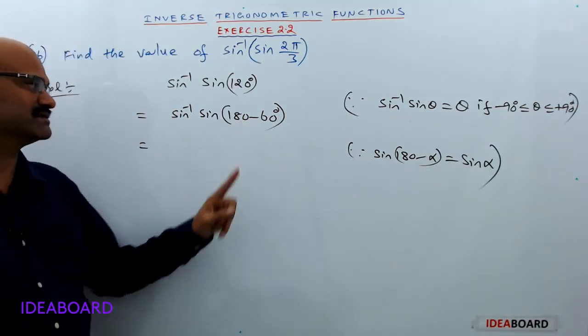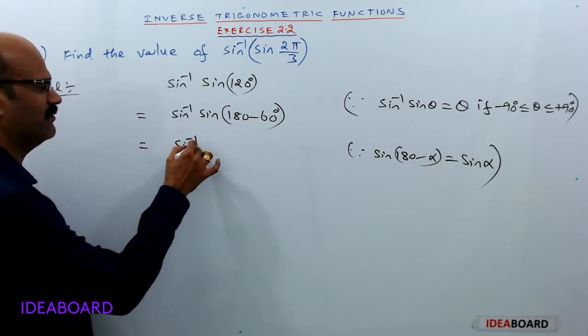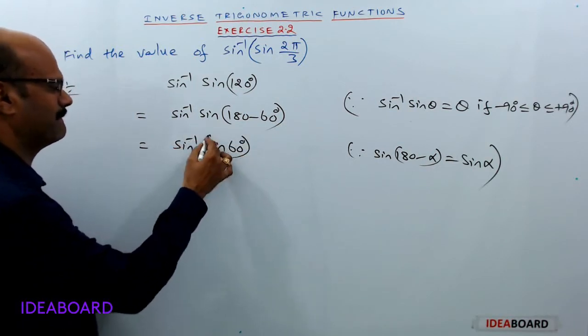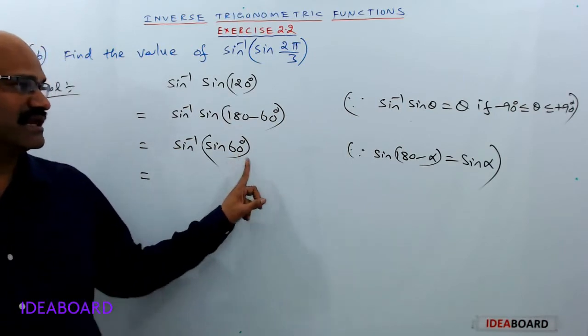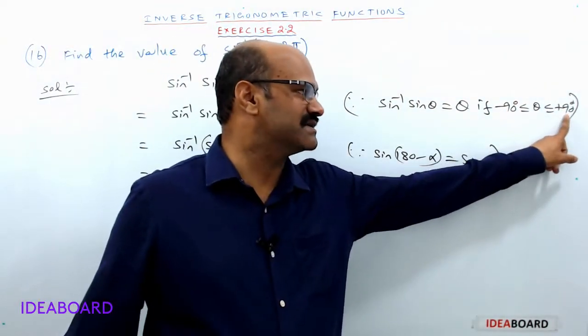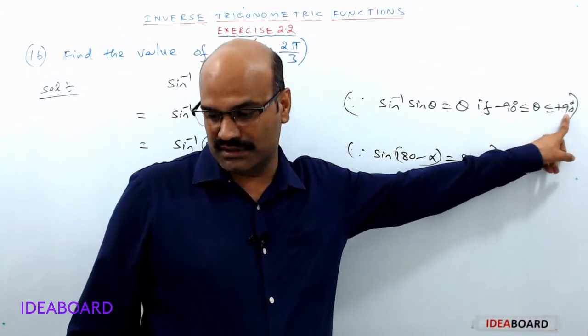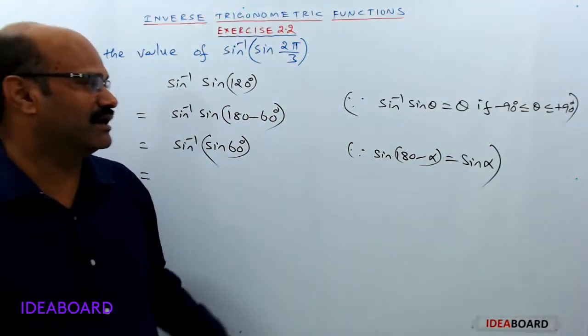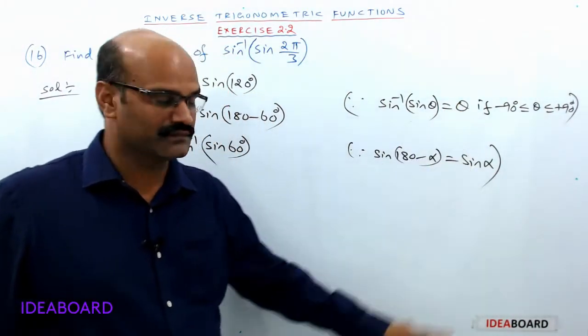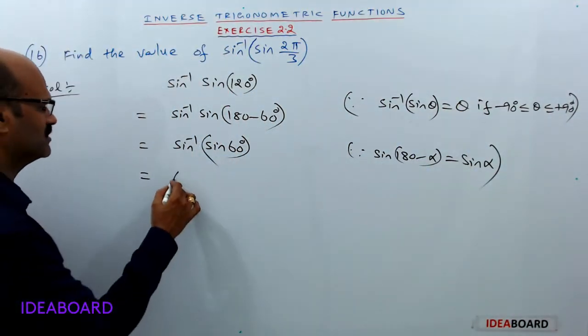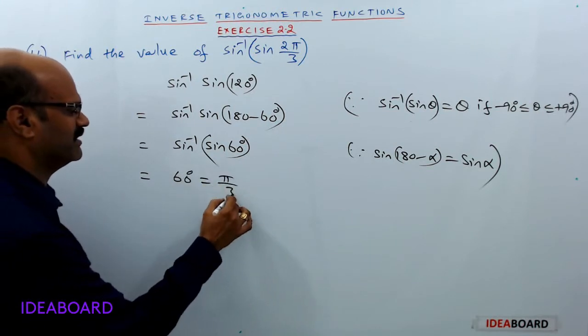So this can be written as sine inverse of sine 60 degrees equal to, now here 60 degrees lying between minus 90 and plus 90 degrees. So directly we can apply formula sine inverse of sine theta equal to theta. So that it's equal to 60 degrees equal to pi by 3 radians.